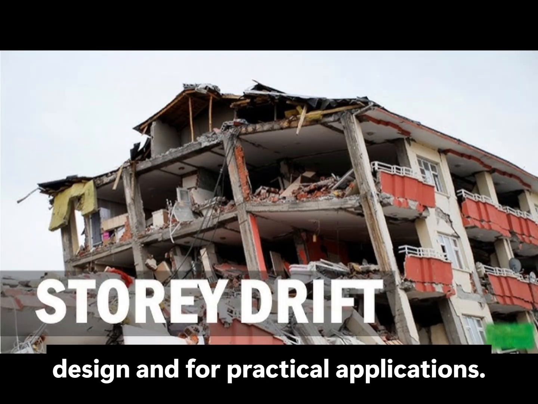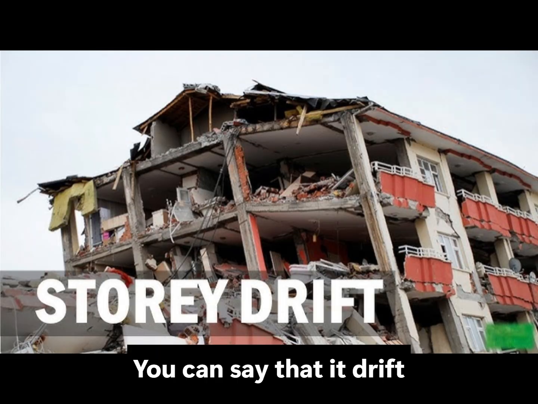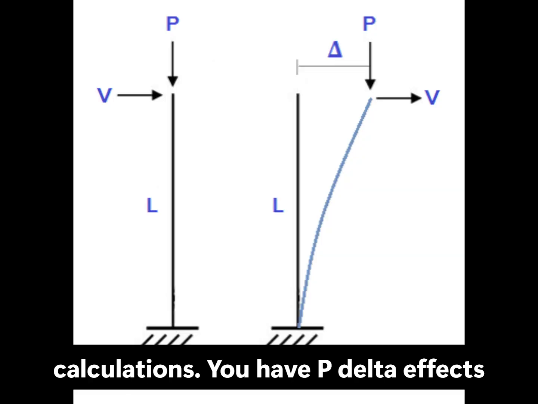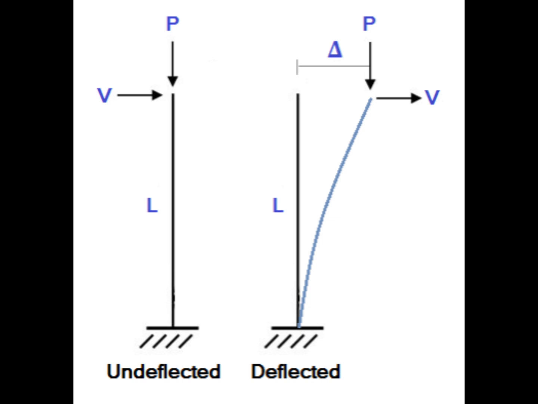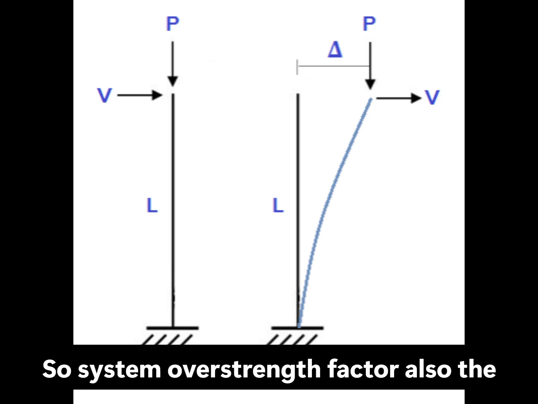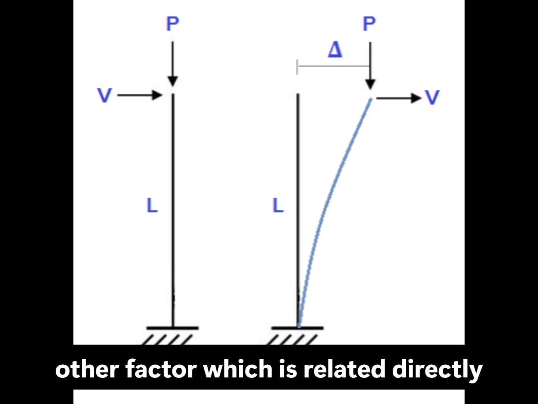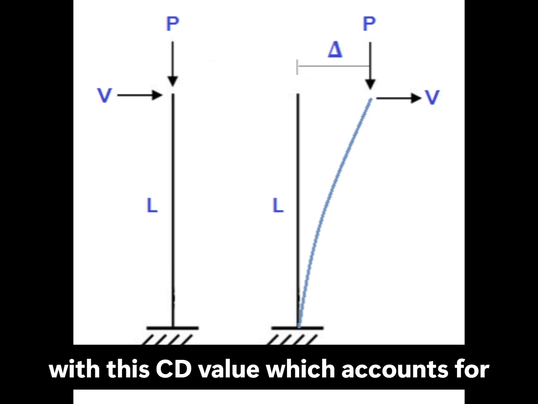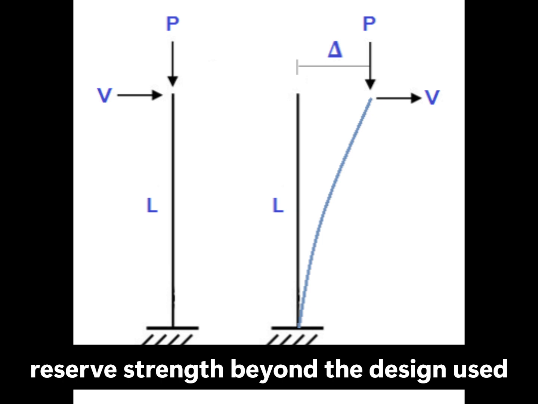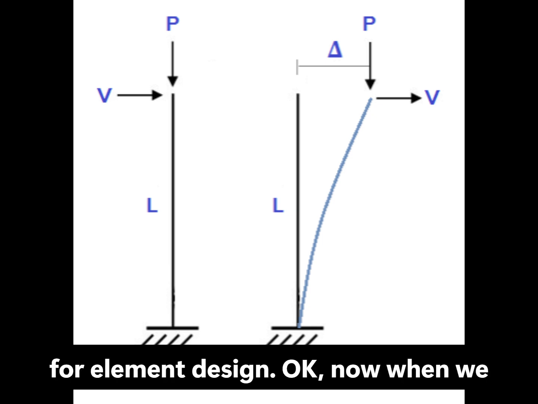And for practical applications, you have drift calculations, P delta effects, and the system overstrength factor, the other factor directly related with this CD value, which accounts for reserve strength beyond design used for element design.